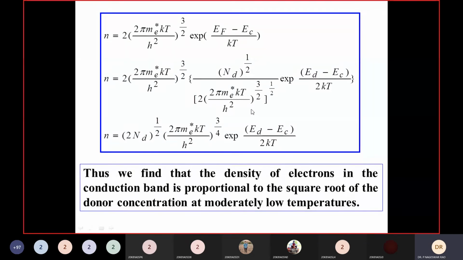Let us take this as A, this also A. So A power 3 by 2 by A power 3 by 4. Simply we can write A power 3 by 2 minus A power 3 by 4. If you solve it, again A power 3 by 4 will come. So (2 pi m_e* KT by h square) whole power 3 by 4.